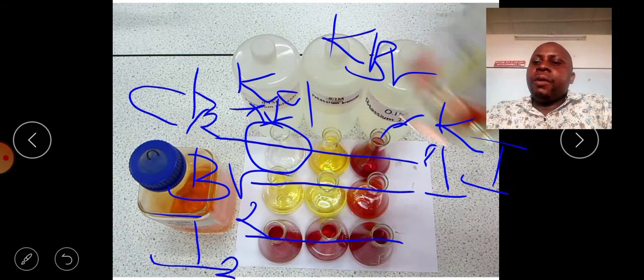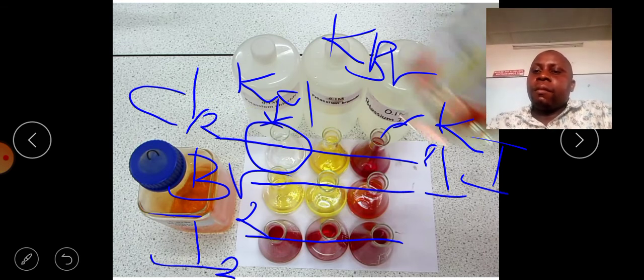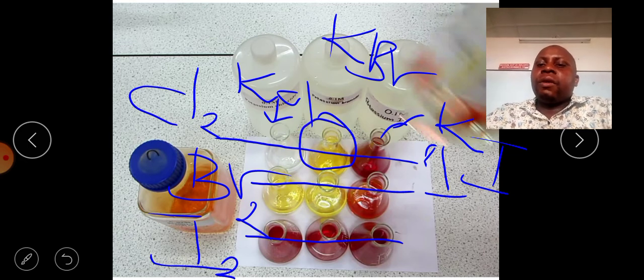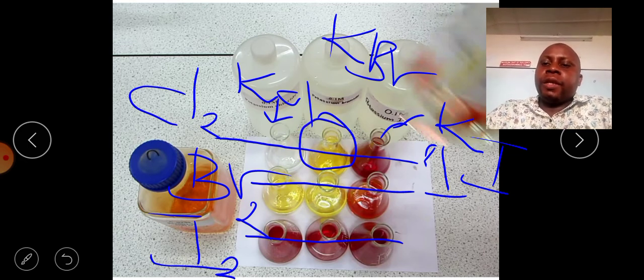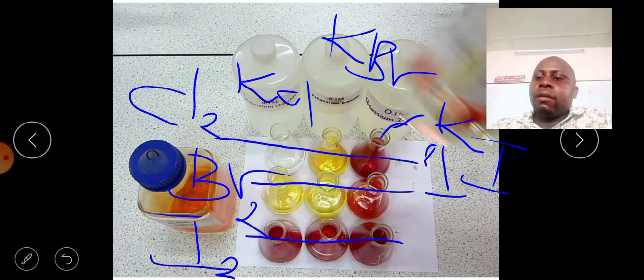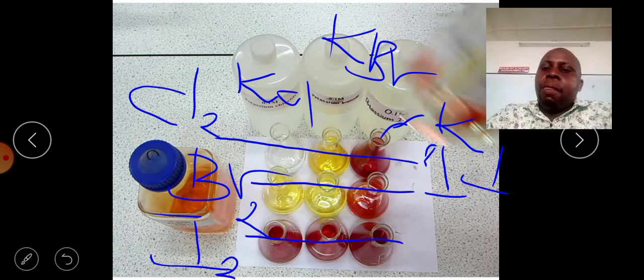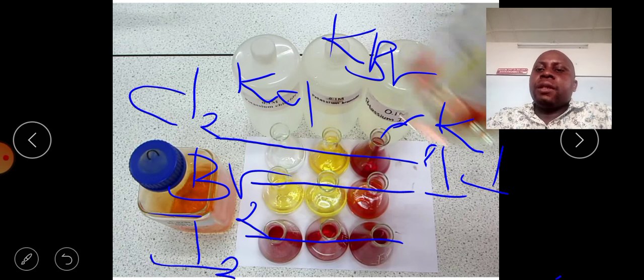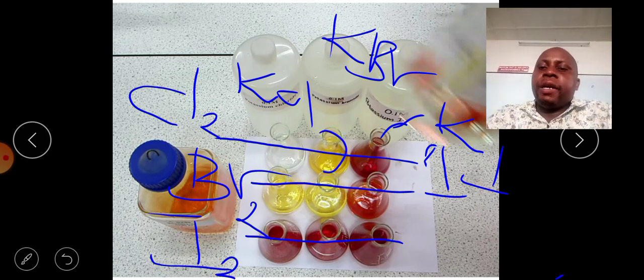And when you added chlorine water in this particular conical flask 2, the second flask, the bromine was displaced by chlorine.